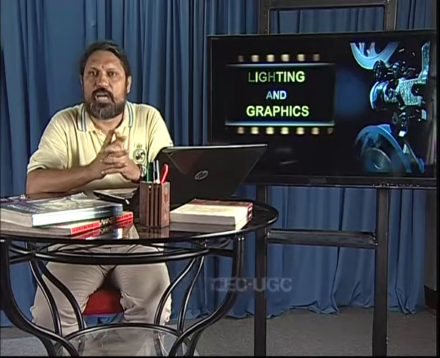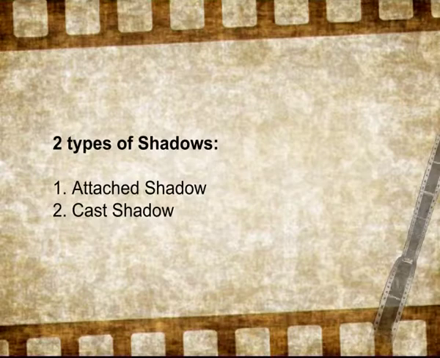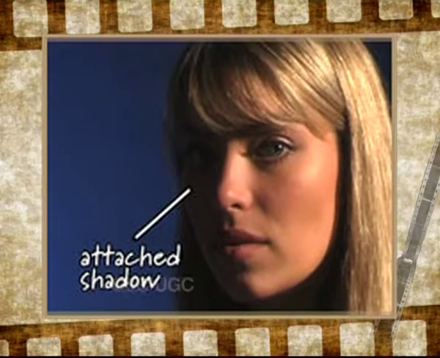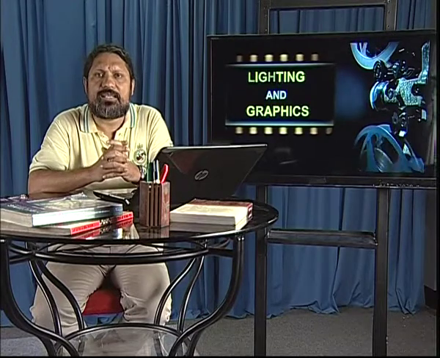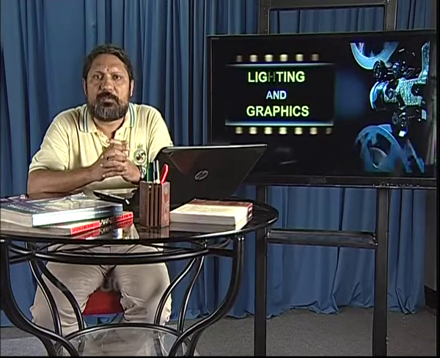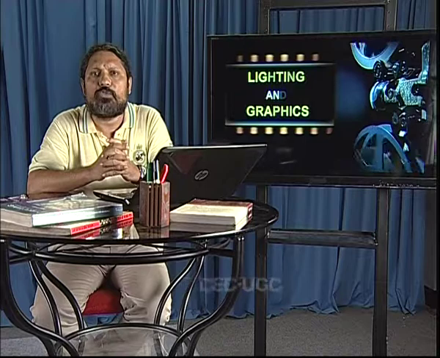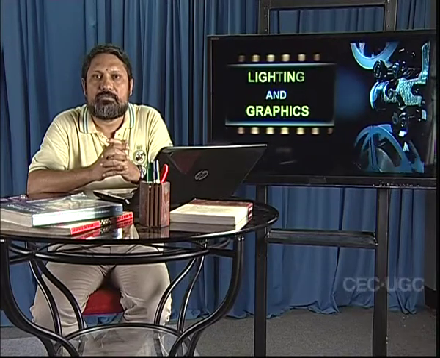Shadows are of two types: the attached shadows and the cast shadows. The attached shadows take place because light is not able to reach equally to all parts of the frame. Imagine a situation in which a man sitting in a dark room is being lit up with the help of one single candle.